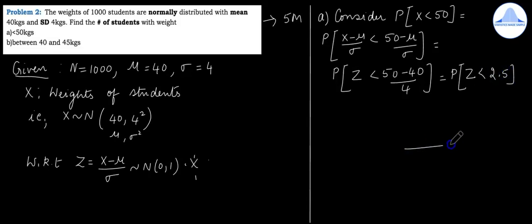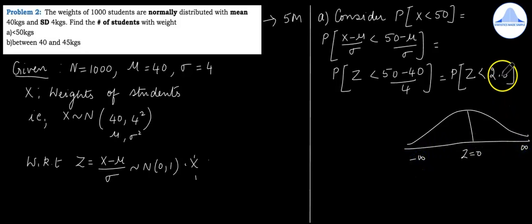So next let us draw the standard normal curve. So Z is 0, minus infinity, infinity. Now 2.5 is a positive value, so mark it on the right side of the curve. Next you should see the sign, it is less than. When it is less than, you have to shade to the left of the value.